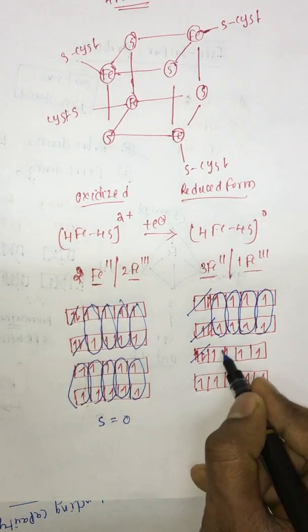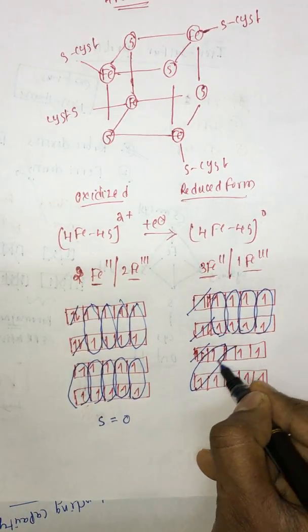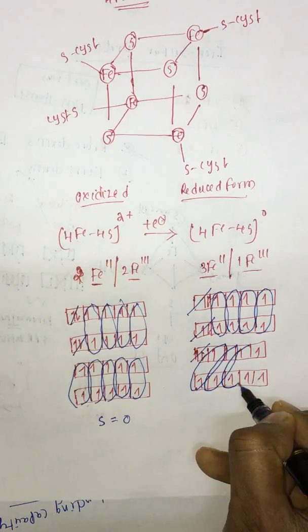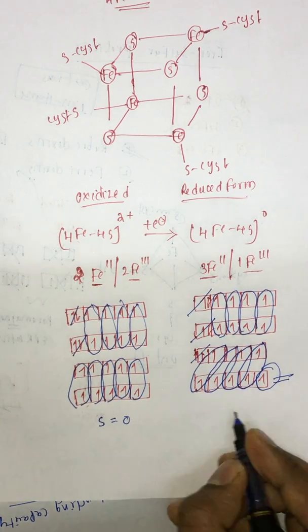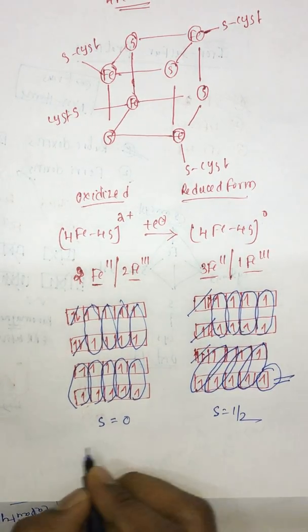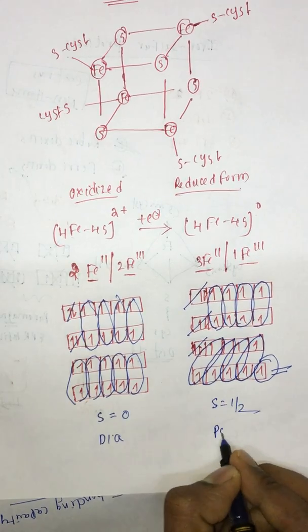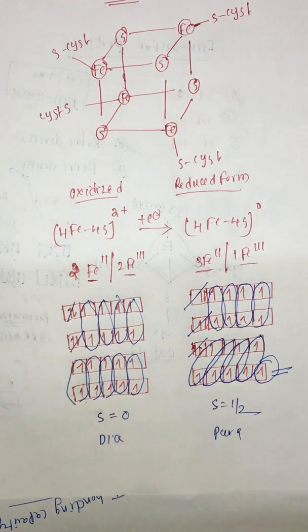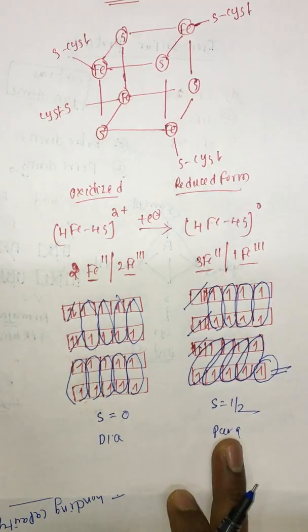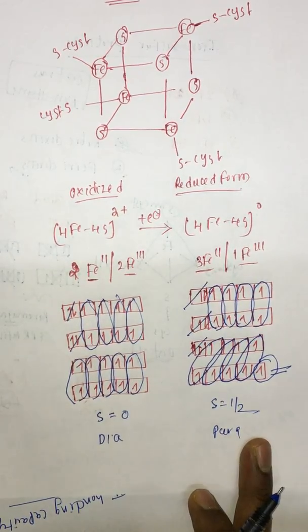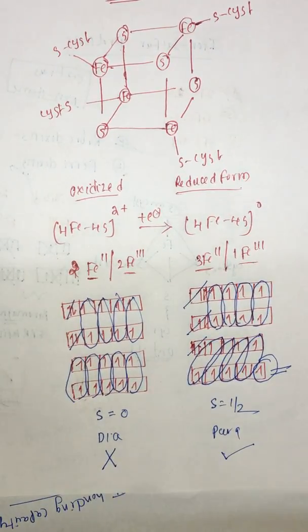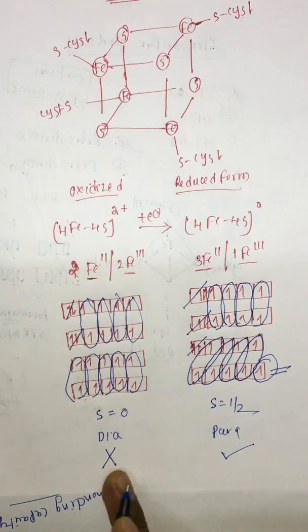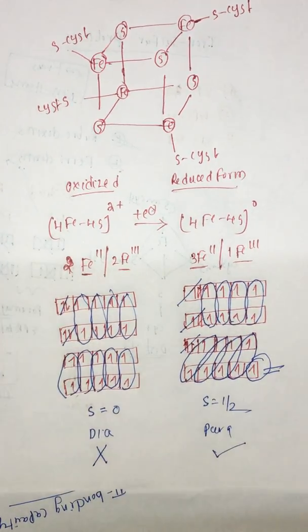Now this one and this one get coupled, this and this. So this electron is left. So here S equals 1/2. So this is diamagnetic, this is paramagnetic. The oxidized form of the 4Fe4S system is diamagnetic, and the reduced form of the 4Fe4S system is paramagnetic in nature. And this is EPR inactive, this is EPR active. And if you see the Mössbauer spectra for this, here we will get less EQ and here we will get more EQ. So this is about the 4Fe4S system.